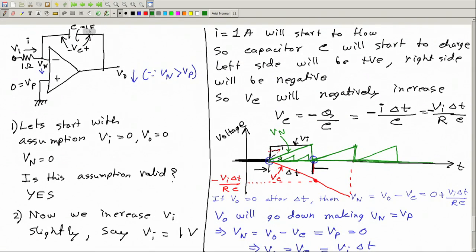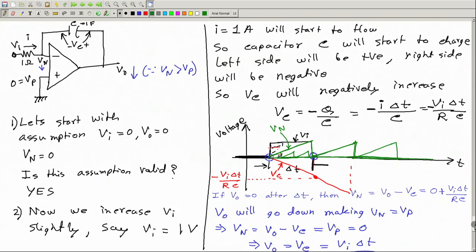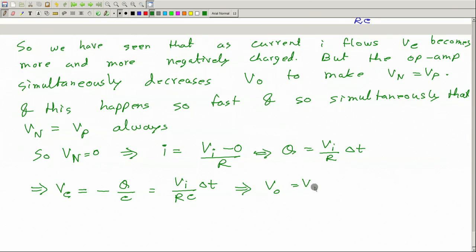Vn plus Vc. This is Vn plus Vc. So this is 0 plus, oh, I missed this minus sign again. 0 plus minus Vi delta T by RC. Okay. So from this, VO is equal to minus Vi delta T by RC.